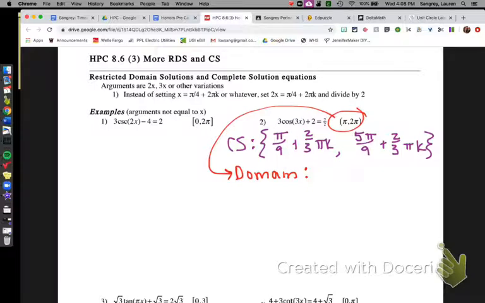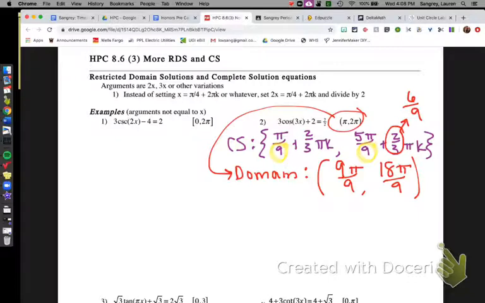So I'm taking my domain, and I notice that my 2 solutions have a denominator of 9. So I'm going to rewrite my domain to also have a common denominator of 9. Okay, I'm going to be adding 2/3 pi to each of these, so I'm also going to convert that to a common denominator, which would be 6/9.